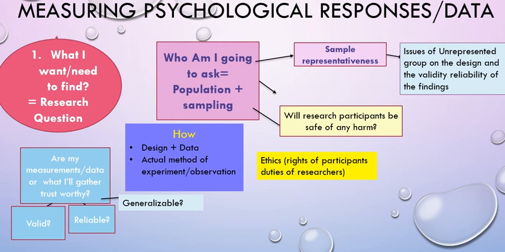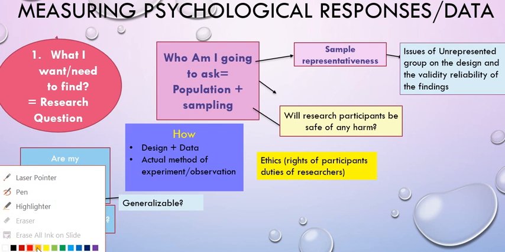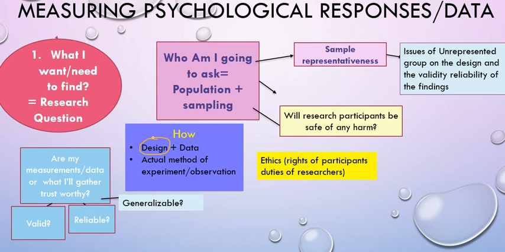Also, you need to understand that the data you're going to collect are always related to the design you're going to use. So data are related to the ethics, to the sample and the population you're going to address, to how you're going to choose your sample so you can represent everybody in order to get reliable, valid data that you can always generalize in the wider community outside of the lab.